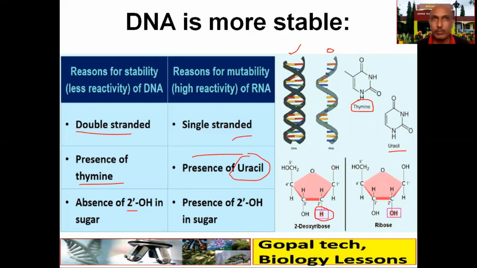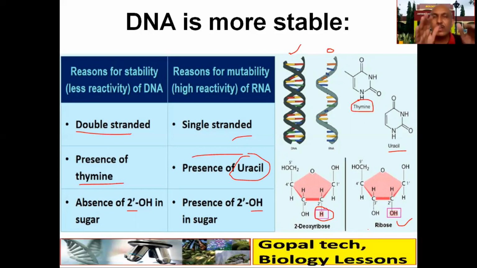But in ribose sugar there is an extra OH at 2'. So these three, double stranded, presence of thymine, and absence of the additional OH group, make the DNA more stable. Single stranded, presence of uracil, and presence of the extra OH group at 2' make the RNA highly reactive and more unstable.